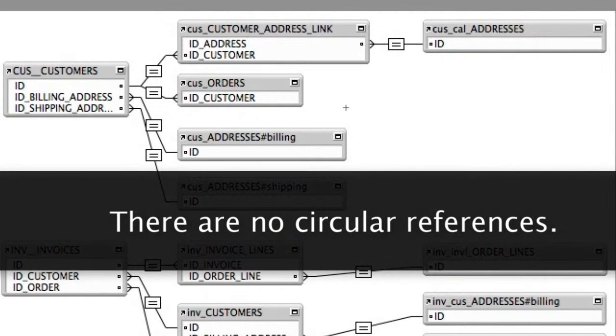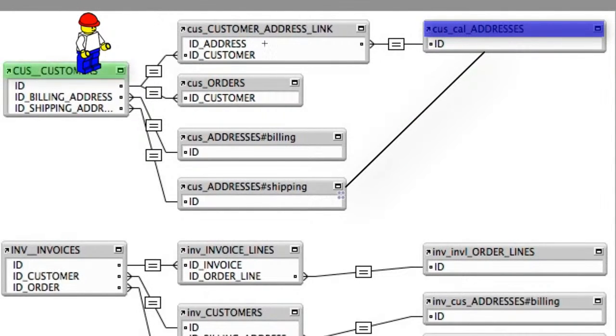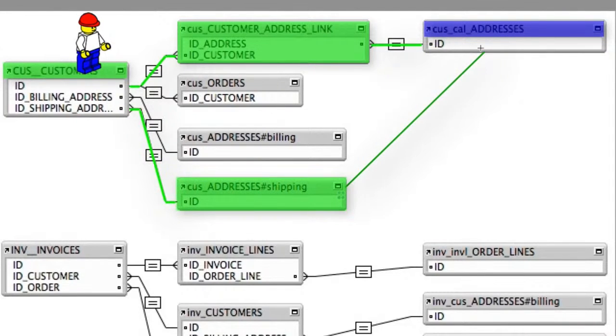Another important point to note is that there are no circular references. What I mean by circular reference? Well, if I try to draw a relationship between here and here, FileMaker won't let me. Why won't it? If I was standing here once again, looking at this data right here, I would have the choice of getting the data through this series of relationships in this direction, or looking down this way and jumping through these relationships in this direction.